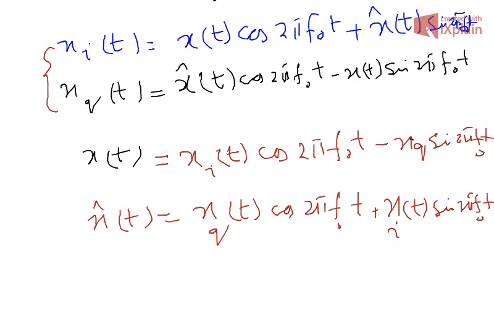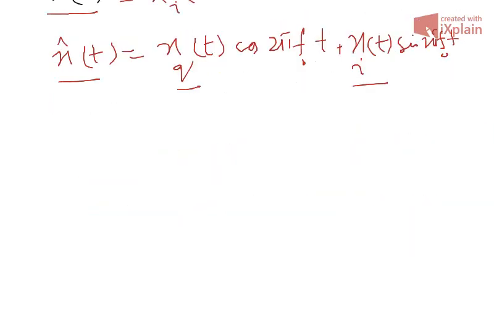Now you can see we have the Hilbert transform and the original signal, both in terms of the I and Q, the in phase and the quadrature components of x of t. So we can rewrite here now.